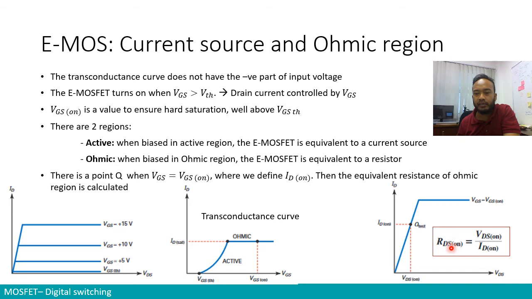So RDS on is the resistance value that corresponds to the equivalent resistance of the MOSFET as it functions in the ohmic region. Because we know that when we are at VGS on, we are in the ohmic region, and the transistor is operating just like a resistor between drain and source, right? So the value of the resistor is found through this method.